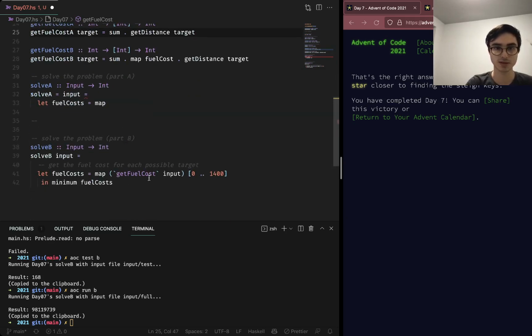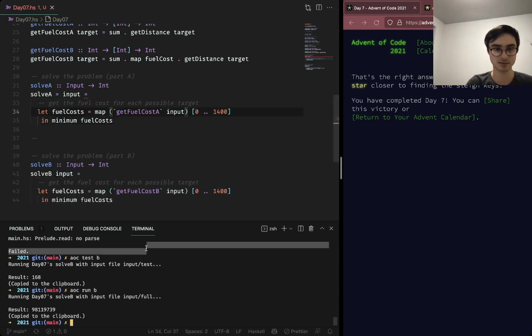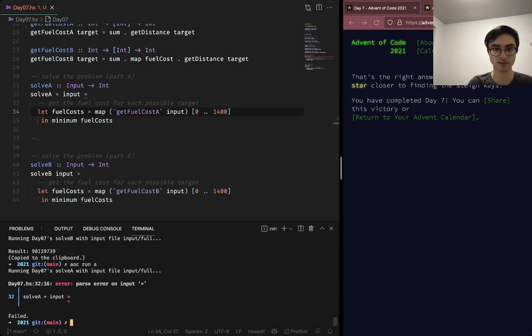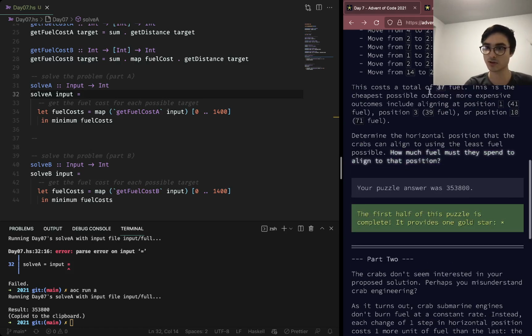And so this is going to be exactly the same, except we just write fuel cost A. So let's try that. Run A. Nope, because we don't need that. And was that our answer? 353800? Yes, it was. Okay, so now I've written code for both parts, even though I didn't end up doing that to solve the first part.